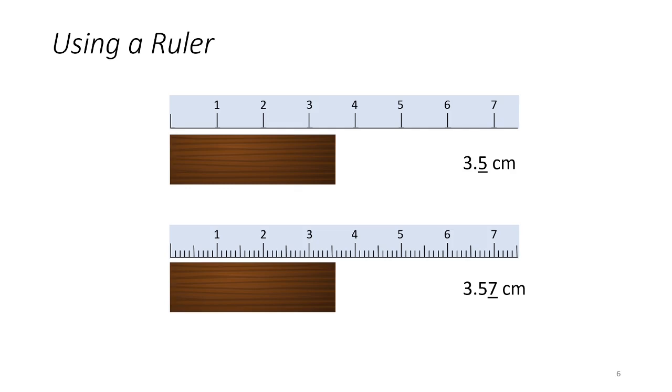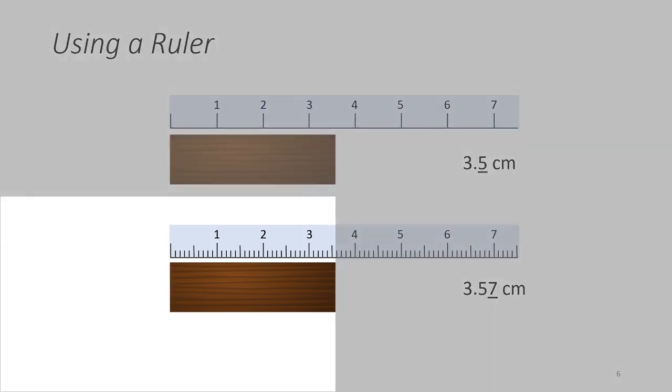You might think it's closer to 3.6 centimeters, but it doesn't really matter because by reporting the length either as 3.5 or 3.6, we are telling other scientists that the last digit is an estimate. By using the ruler on the bottom, we can have more confidence in our measurement. We can now see that the wood is between 3.5 and 3.6 centimeters long.